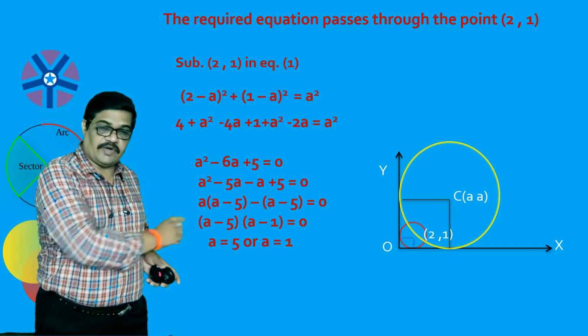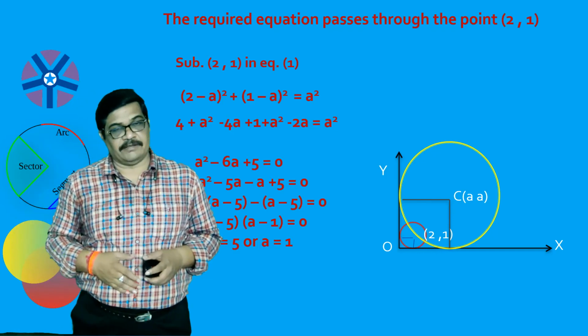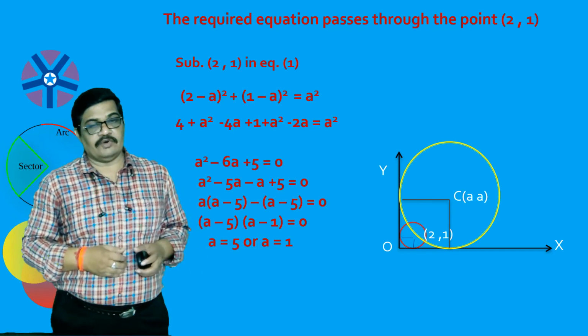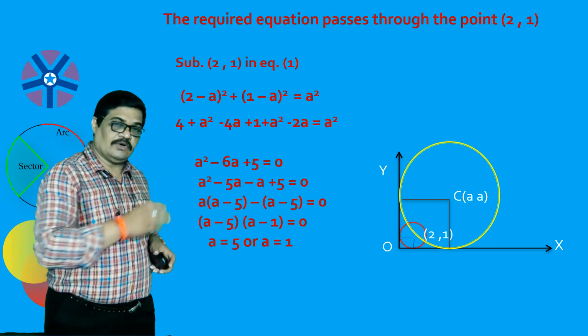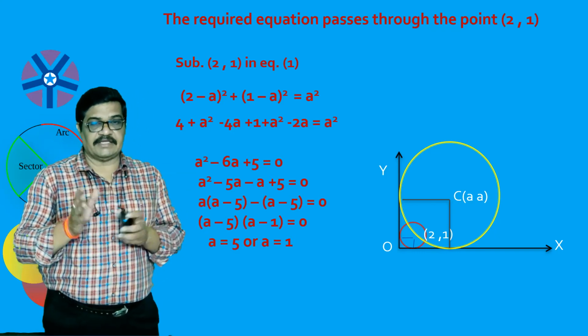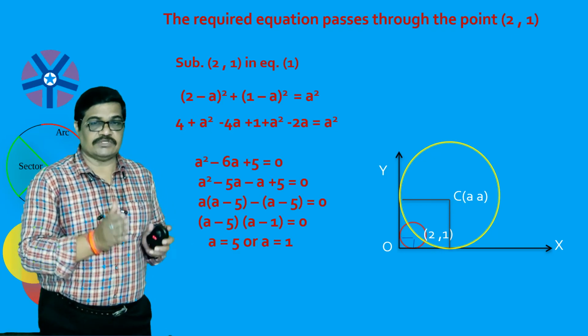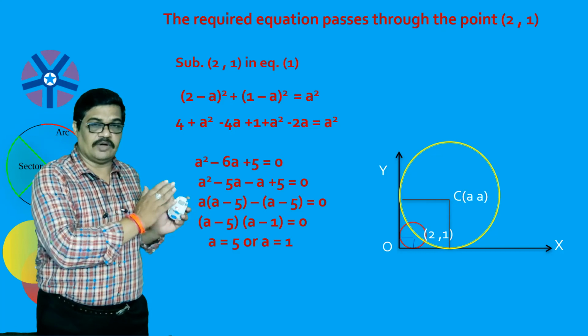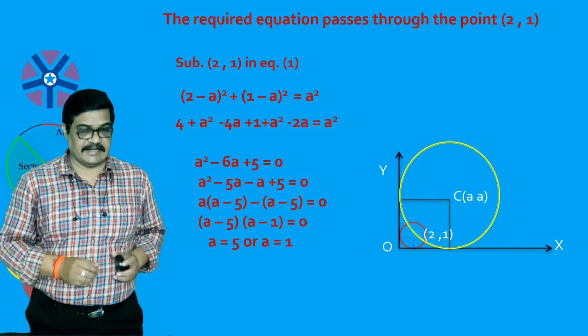From that a = 5 or a = 1. We get two values for a. If a = 1, then it is the smaller circle. If a = 5, it is the bigger circle. These two circles pass through the point (2, 1) and touch both the coordinate axes.